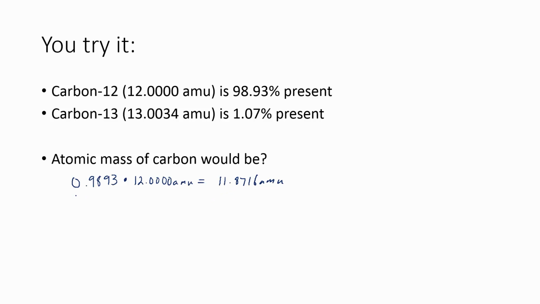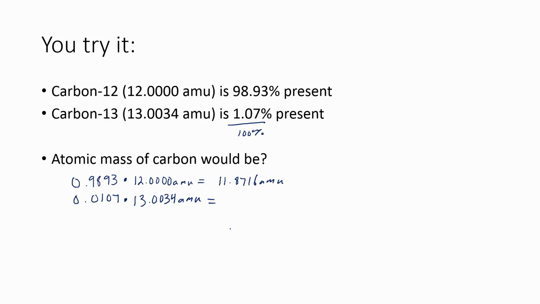So we also have to figure out carbon-13, which is 0.0107 as the fraction. That's 1.07%. You just divide by 100% here. That's how we get these numbers. Times the 13.0034 atomic mass units that carbon-13 weighs.